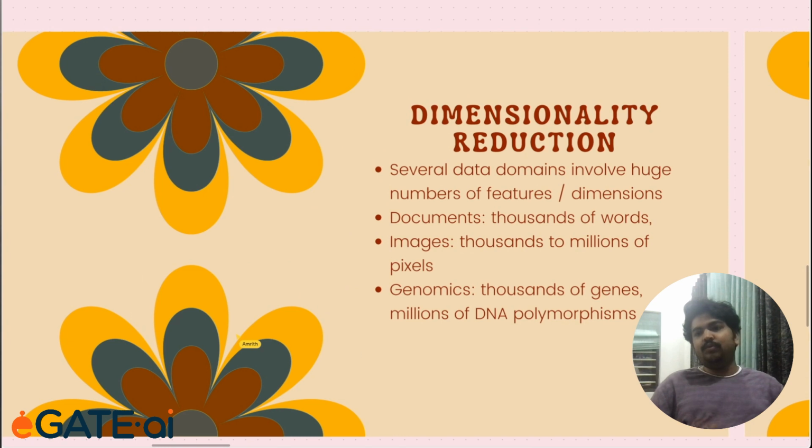Now, since we know what are features and what are feature vectors, let's cover the concept of dimensionality reduction. Several data domains involve a huge number of features. So many a times a single data point needs to be represented using millions of features.